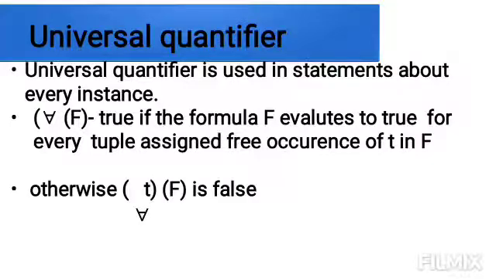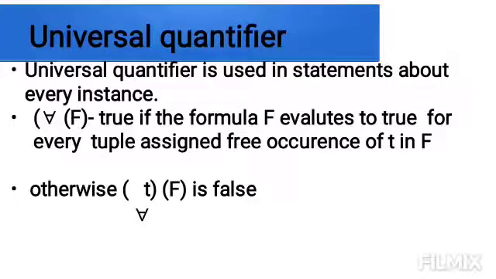Universal quantifier is used in statements about every instance. For all, if F is a formula, then so is for all T of F, where T is a tuple variable.